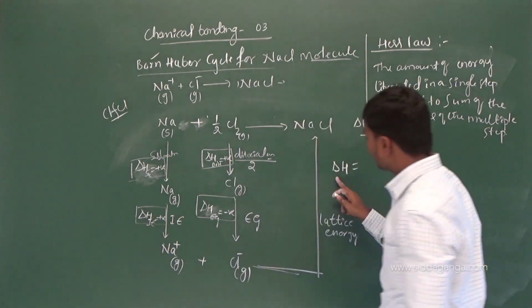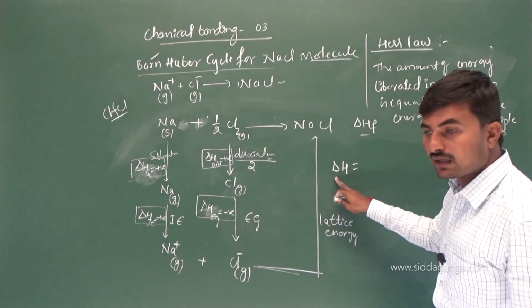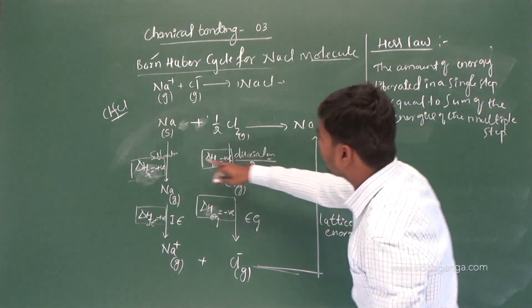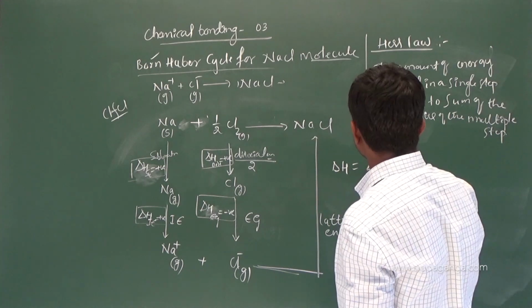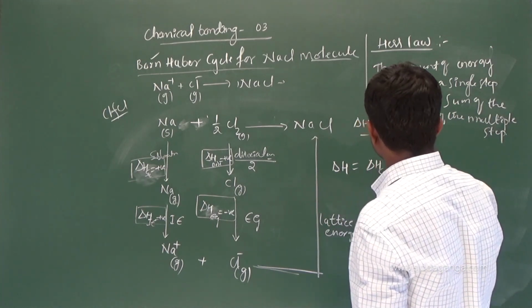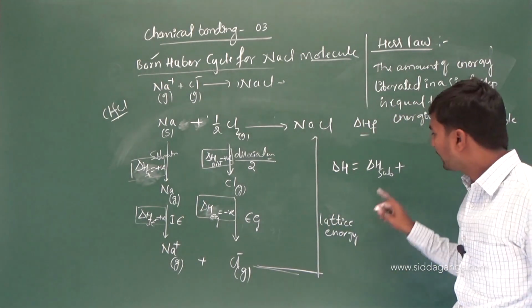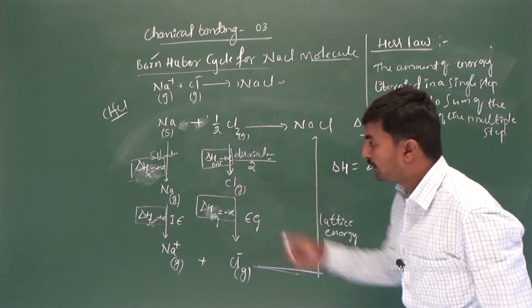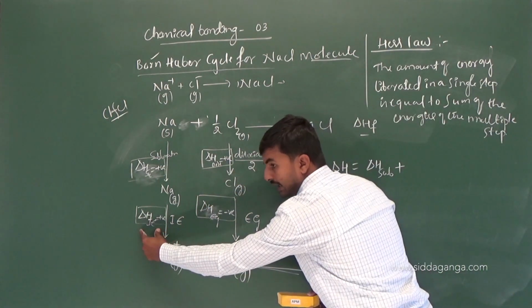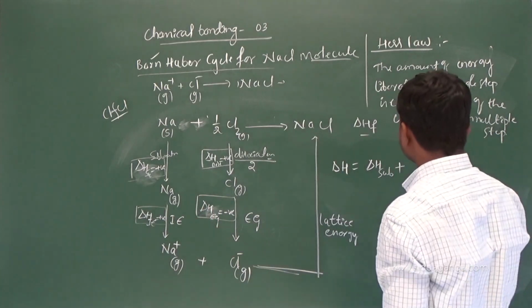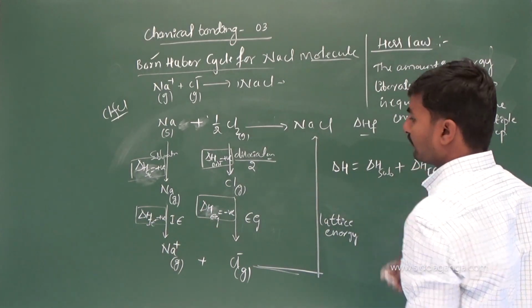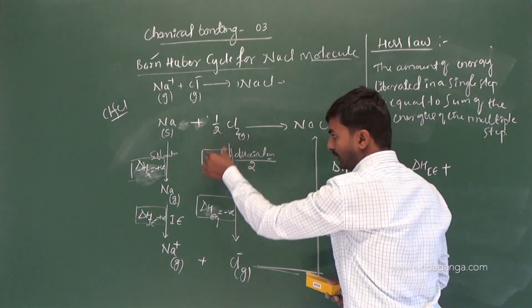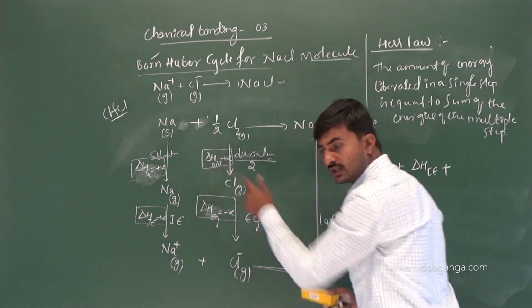First, the total enthalpy of the system is equal to, first which energy is this? Delta H sublimation, plus delta H ionization energy. Second one, delta H ionization energy followed by delta H dissociation energy.